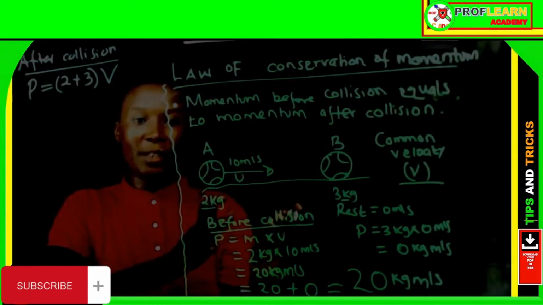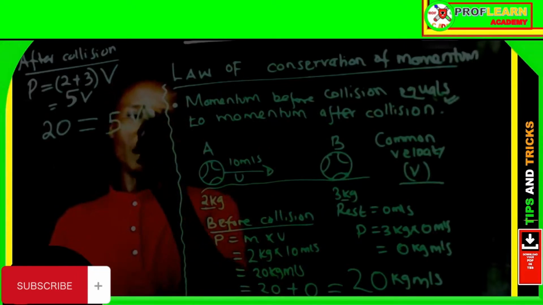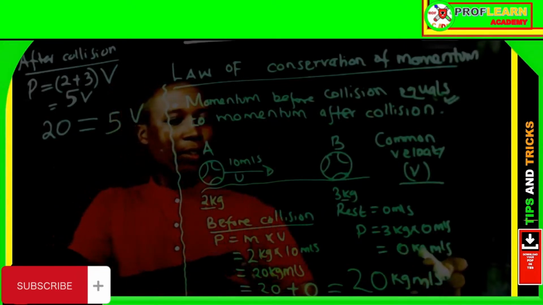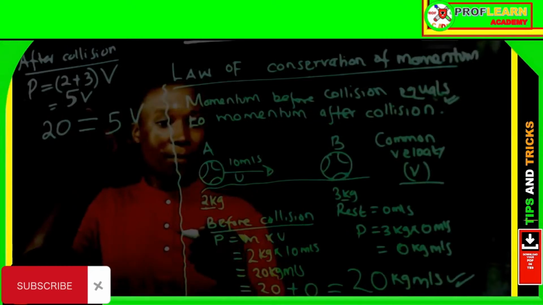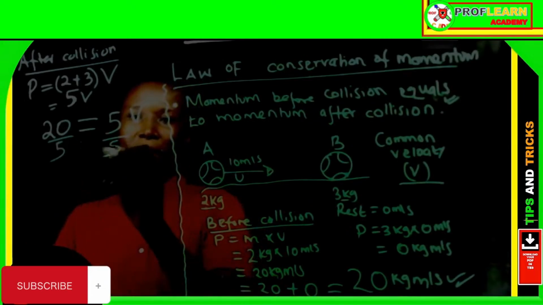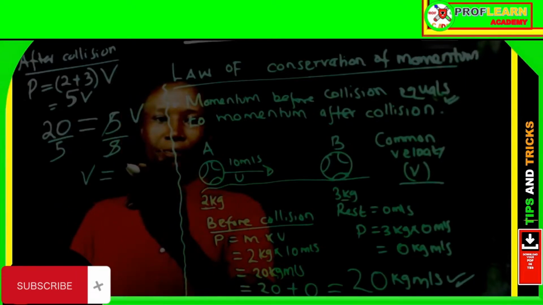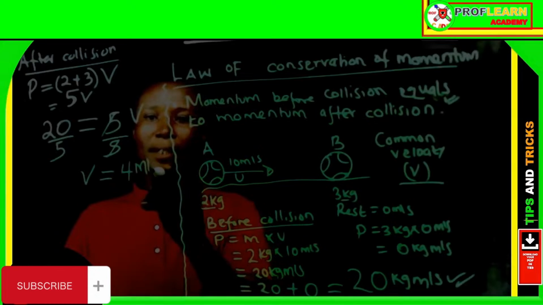So I'm going to say 20 equals 5v, because before collision, this was the momentum. After they collide, this is the momentum. And this is going to be divided by 5, and our v now is going to be 4 meters per second.